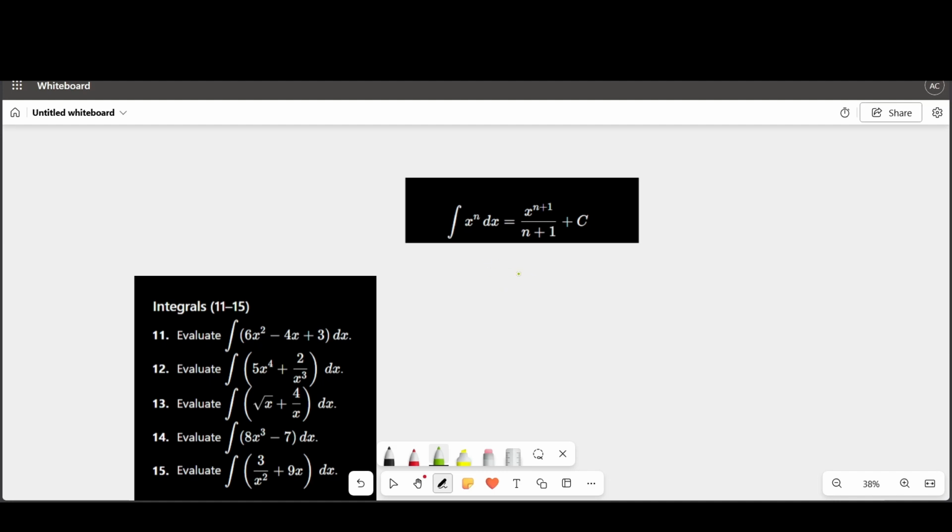x^3, yeah, x^3 plus 3 plus 1 plus c. Hold on. x^3 over 3 plus c.